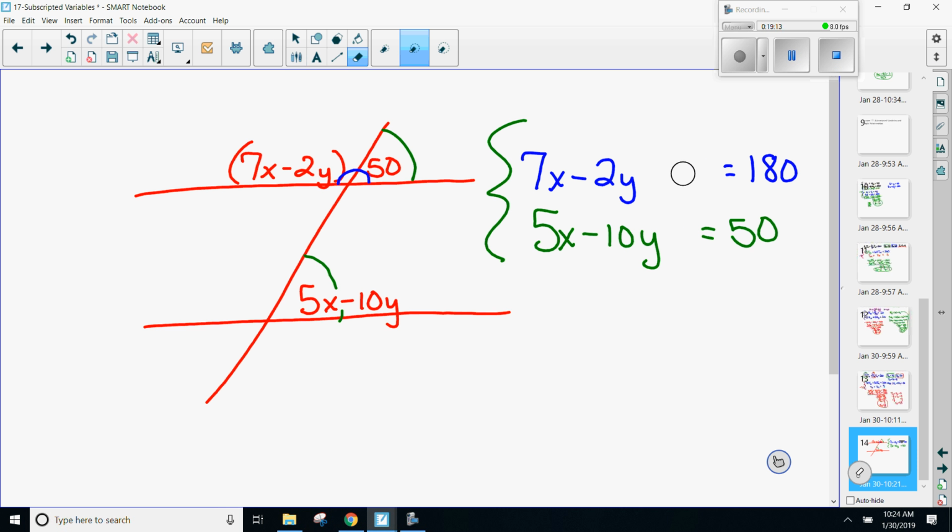What would I do with it? Subtract it, which makes this side over here what? 130. So I would write my equation like that. Elimination substitution, what would you do to eliminate? Do what?